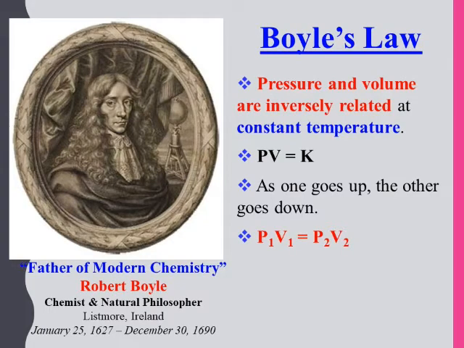Boyle's law was founded by Robert Boyle, and it says that pressure and volume are inversely related at constant temperature. The formula for Boyle's law is P1 times V1 is equal to P2 times V2.